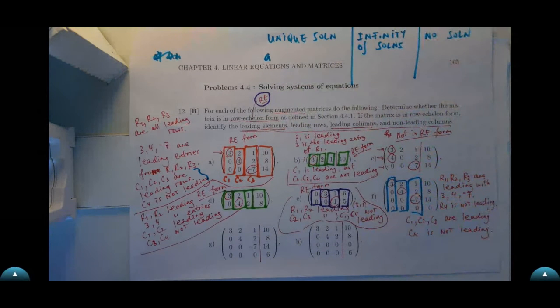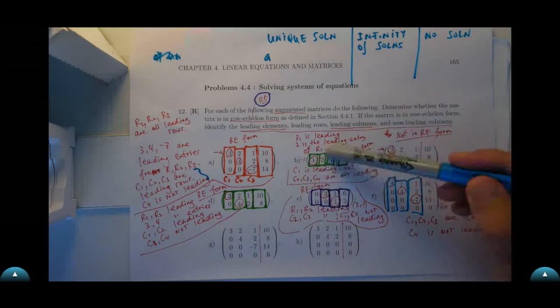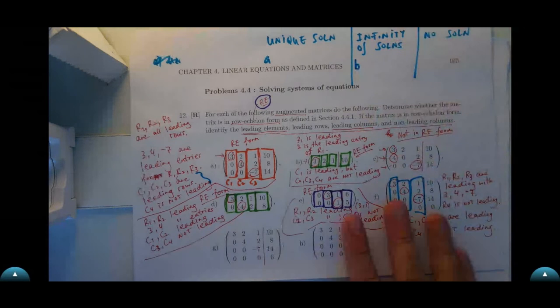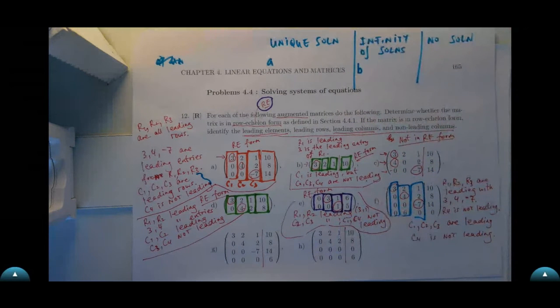Who can tell me on the chat? An infinite number of solutions. Absolutely, Advaita. This is definitely going to have an infinite number of solutions because some of the left-hand columns are not leading. So that would be part B, an infinite number of solutions.